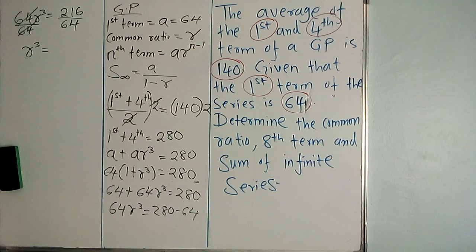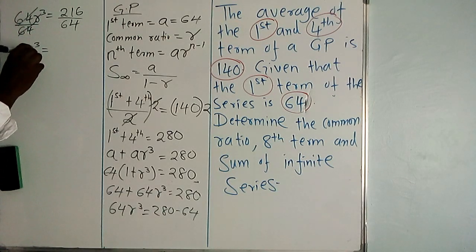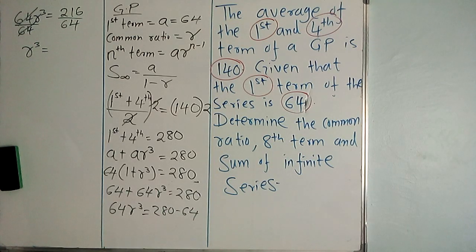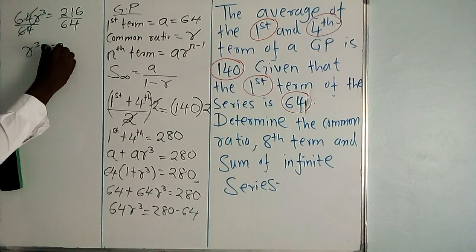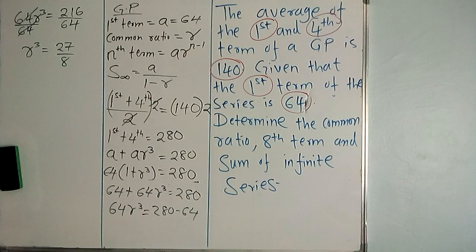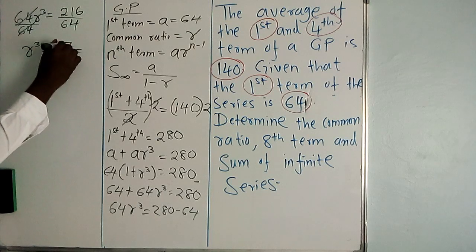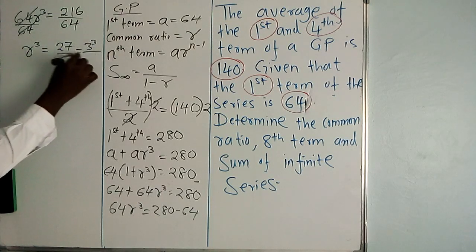In fraction form, 3 and 3 over 8. It has to be a fraction, that is 27 over 8. The reason why it has to be an improper fraction is that we want R. When it is cubed, we are going to use the laws of indices, meaning R cubed is equal to 27 over 8. 27 is the same as 3 cubed, then 8 is the same as 2 cubed.